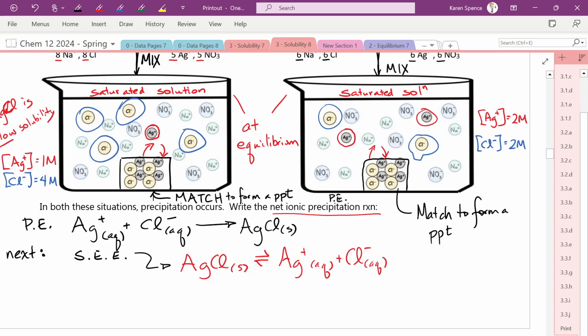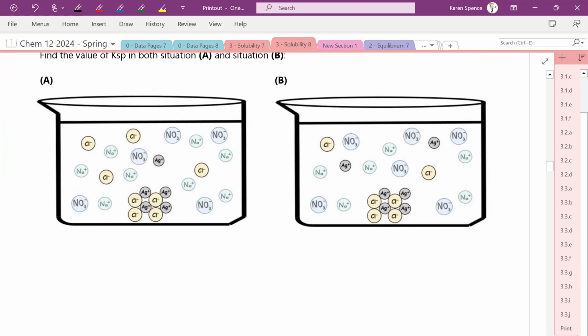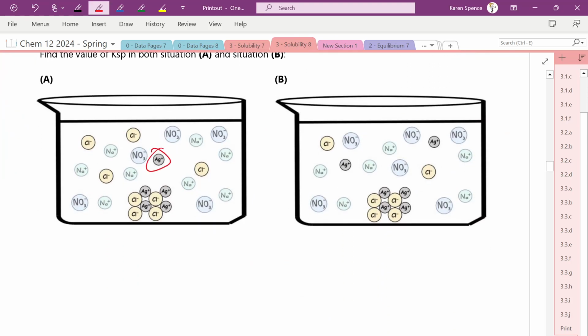Now in beaker A, remember we have silver is 1 molar and chloride is 4 molar. We have a little more space on the next page. So in beaker A, the concentration of silver is 1 molar and the concentration of chloride is 4 molar.